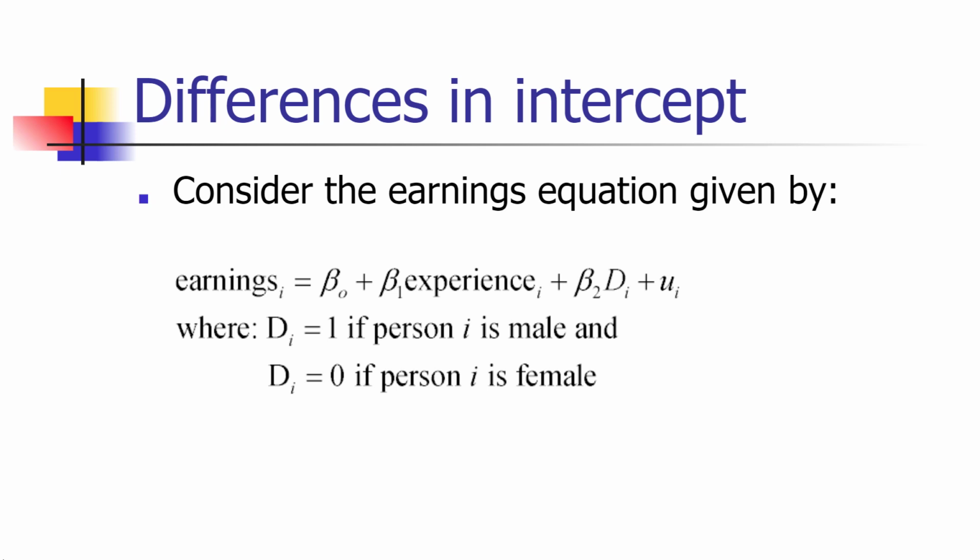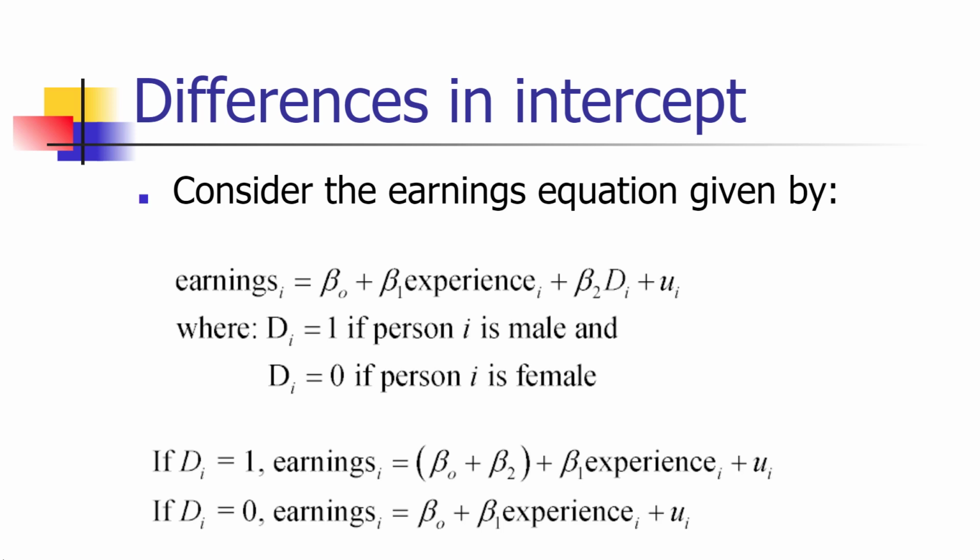Let's consider a really simple example of this, an earnings equation, where we have earnings as just a linear function of experience, plus we include a dummy variable that equals 1 if the person is male and 0 if the person is female. Let's consider the implication of this dummy variable on this equation.